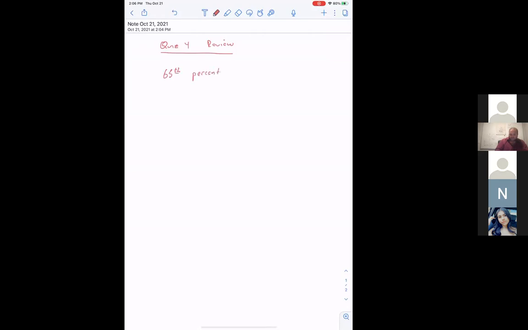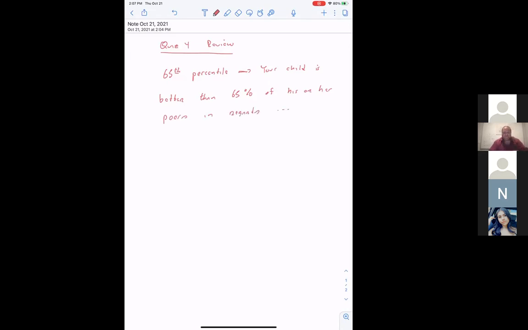So the 65th percentile means, I would say, your child is better than 65% of his or her peers in regards to this test, in regards to whatever.